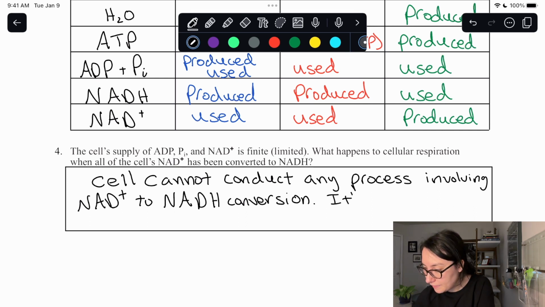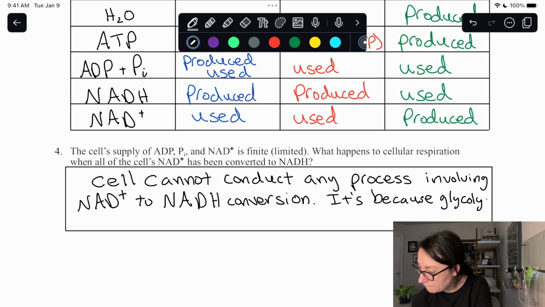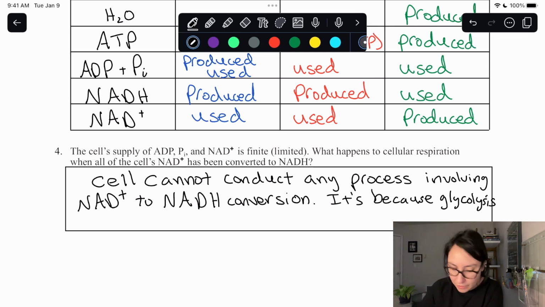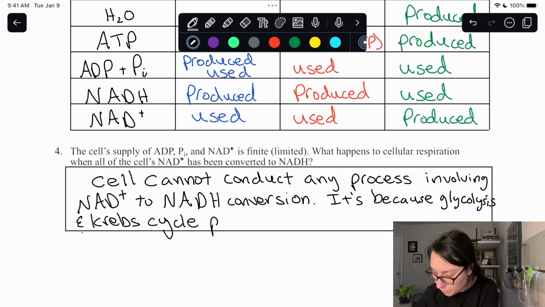It's because, in case you want to know, glycolysis, sorry for my bad writing, y'all, and Krebs cycle produce NADH.